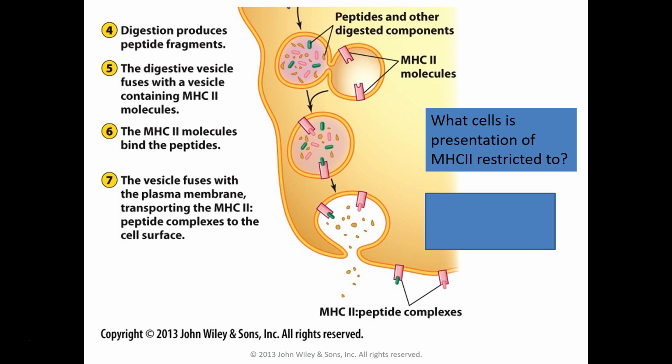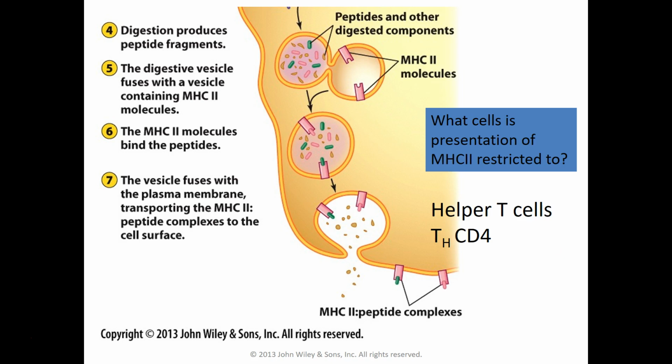So for MHC class 2, anyone know which one it is? It's the helper T cells. And I just sing the song 2, 4, 6, 8, who do we appreciate? I usually remember that MHC class 2 goes with CD4. Whatever works.